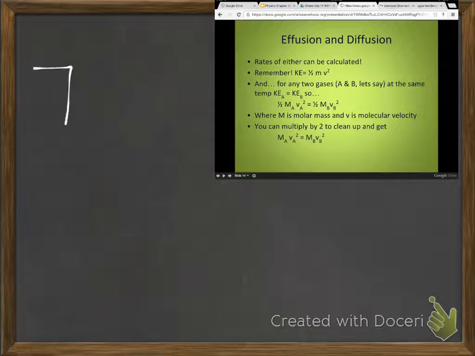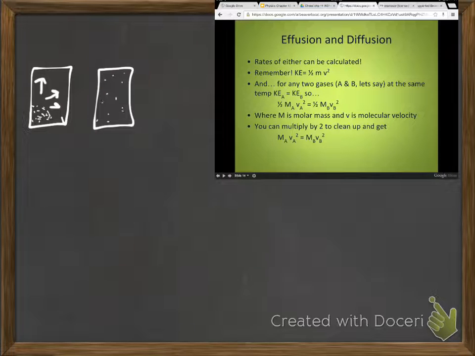Okay. So what you're describing is diffusion, which happens in all fluids, so that would be gases and liquids. We have particles moving from areas of high concentration to areas of low concentration until they're evenly distributed.